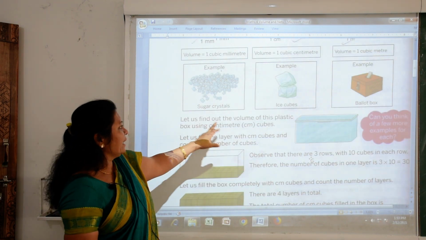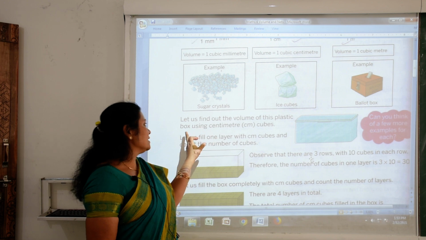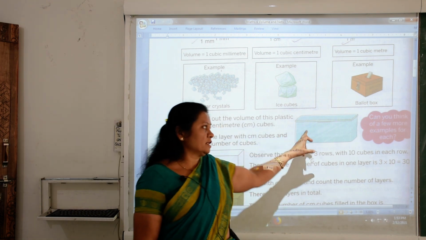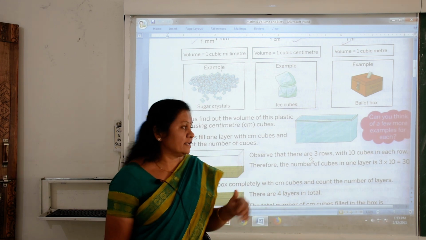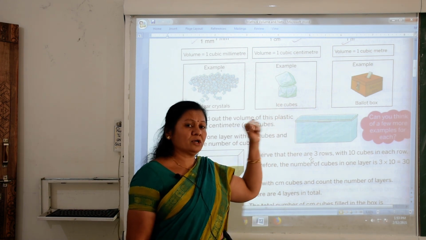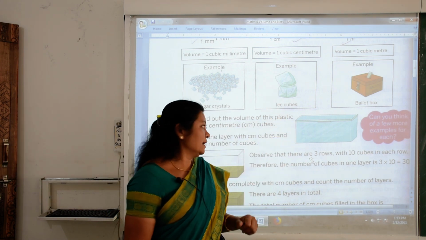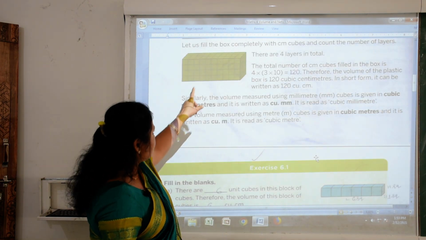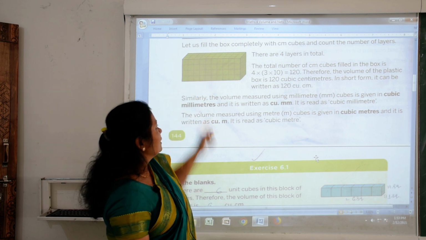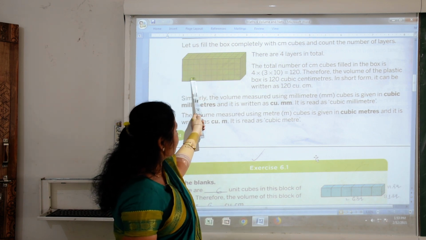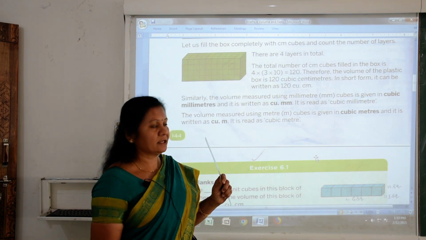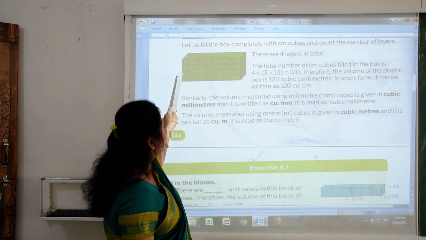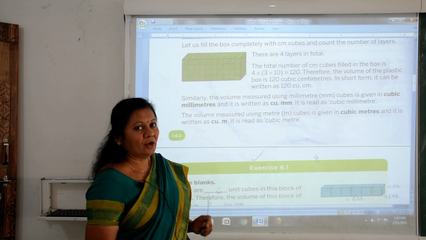Now let us find out the volume of this plastic box using centimeter. This plastic box that you can see, we measure in cubic centimeter. How many cubes are in this box? You see here 1, 2, how many layers? 1, 2, 3, 4 layers.